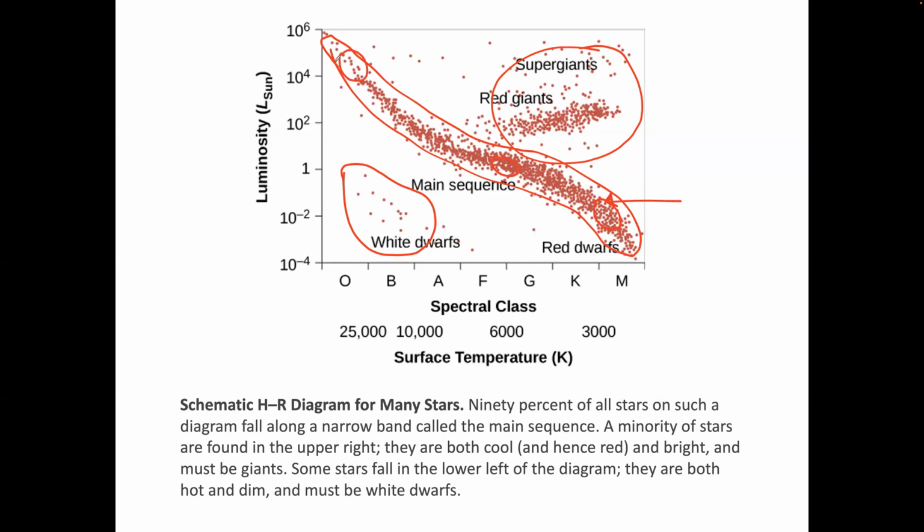The particular location a star takes on the main sequence depends on its initial properties, and basically it will depend on the mass. You will see it in the next slide.